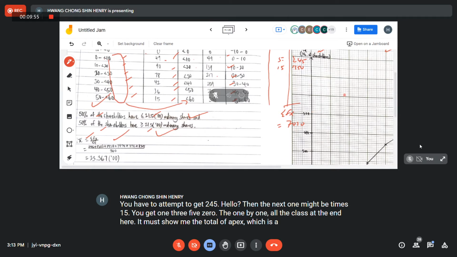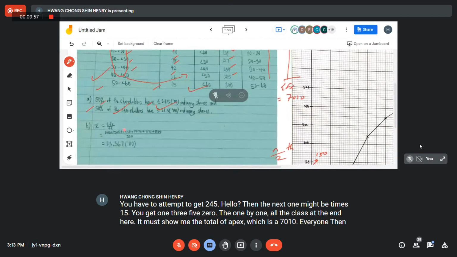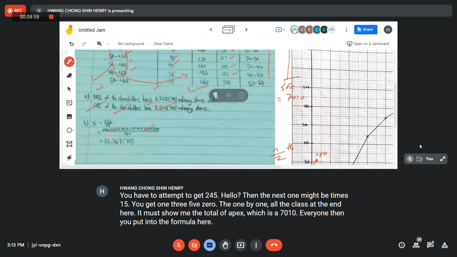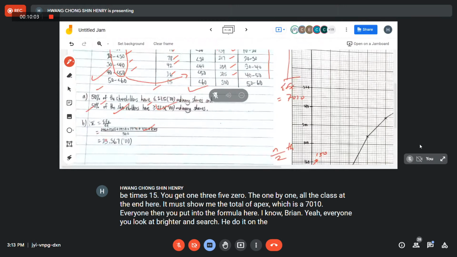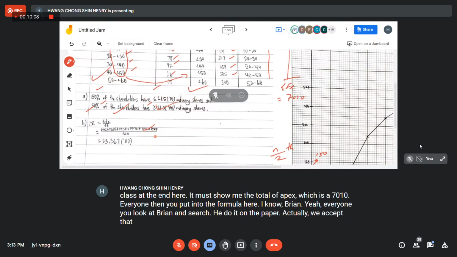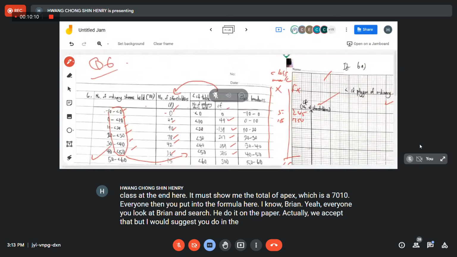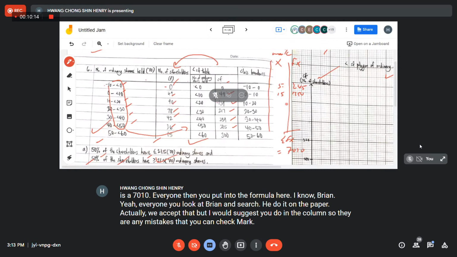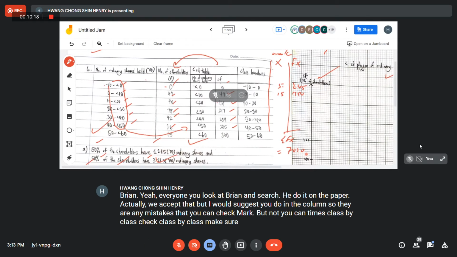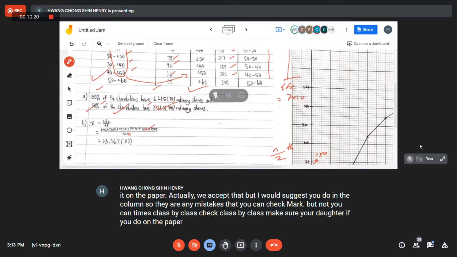Right, everyone? Then you put it into the formula here. I know Brian, you see everyone, you look at Brian's answer, he did it on paper. Actually, we accept it, but I would suggest you do it in the column, so that any mistakes you can check. You can times class by class, check class by class. If you do it on paper, you have to check one by one.